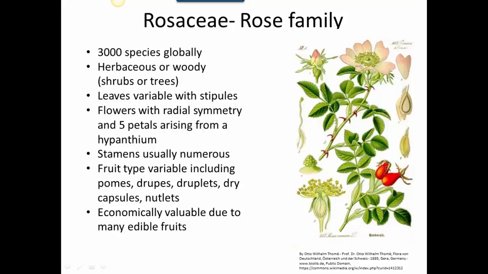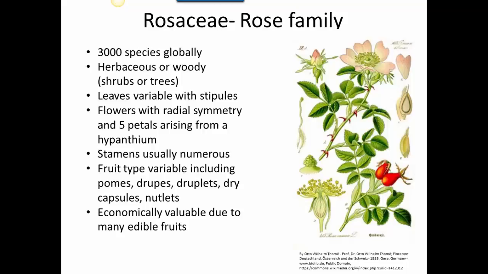And the fruit type is variable, including pomes, like we see in apple and pear trees, drupes, like we see in nectarines and plums, drupelets, and drupelets are what we call a drupe when it's part of an aggregate. So the blackberries and raspberries are also part of this family, so those fruits would be drupelets, part of an aggregate of drupes.